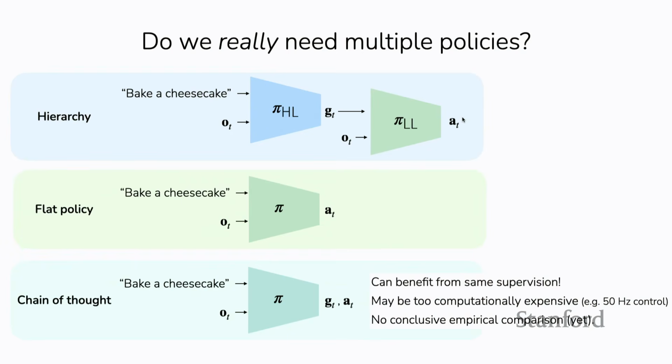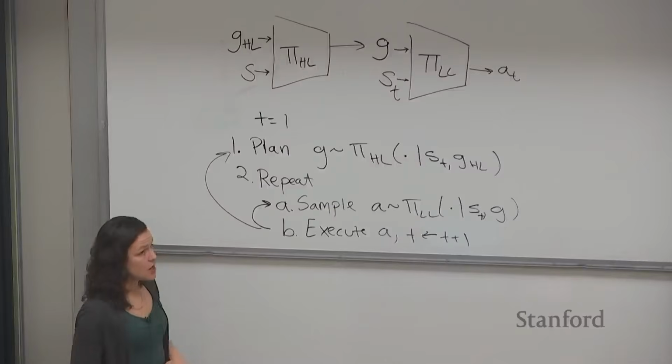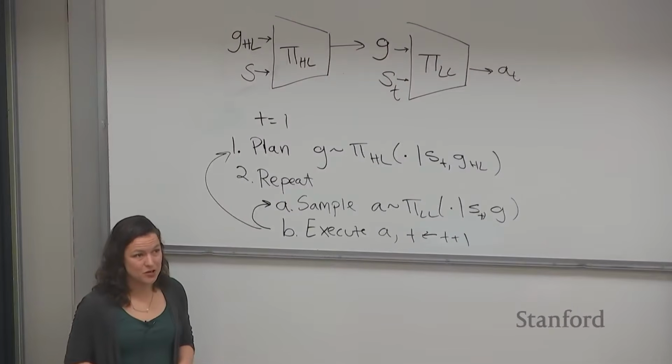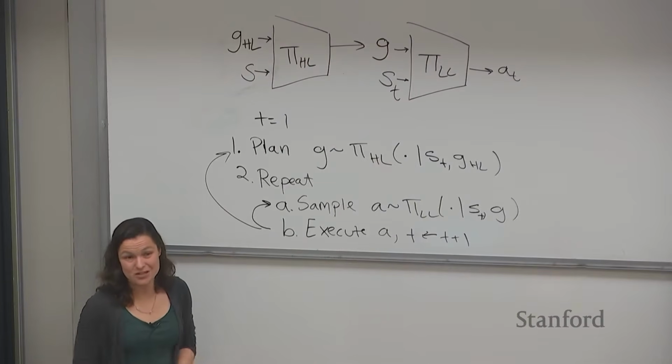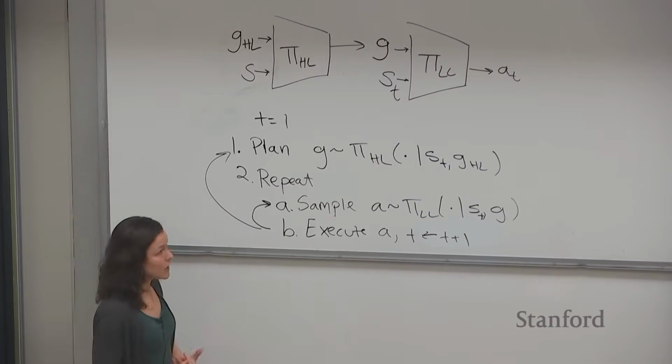For the first one, the question is, why is having intermediate supervision helpful? There's a couple of reasons. If you're in a reinforcement learning setting and your goal is to make a cheesecake and you only get rewards when the cheesecake is baked versus not, then those rewards are going to be really sparse and not actually allow you to progress.